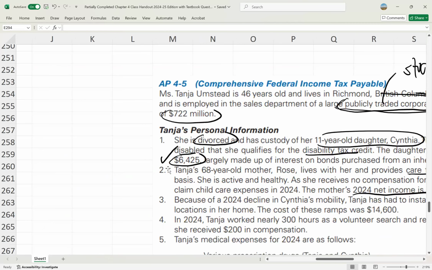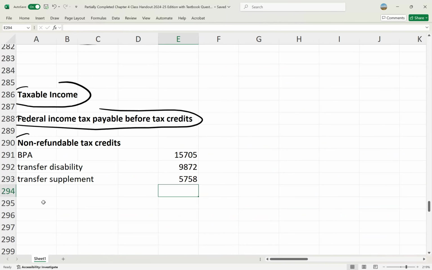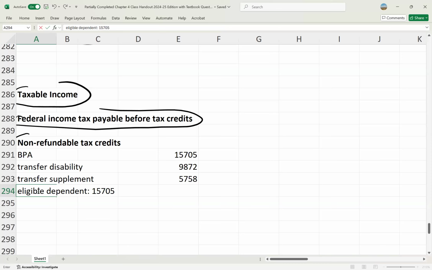So let's get this down on paper. We have the eligible dependent, and this is for Cynthia. So once again, we use the BPA amount minus Cynthia's income, 6,425, and that's going to give us 9,280.